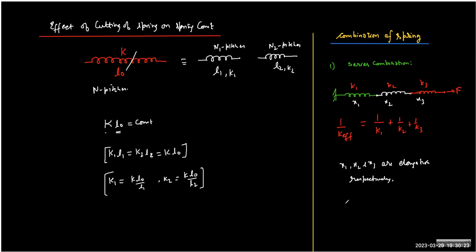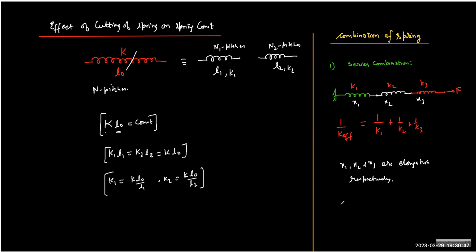If the K is same, in series combination, if you have multiple springs with same K, they will deform by similar value. A more K will have less deformation and less K will have more deformation. And that will be the property of this nature. The product of the two is always constant.